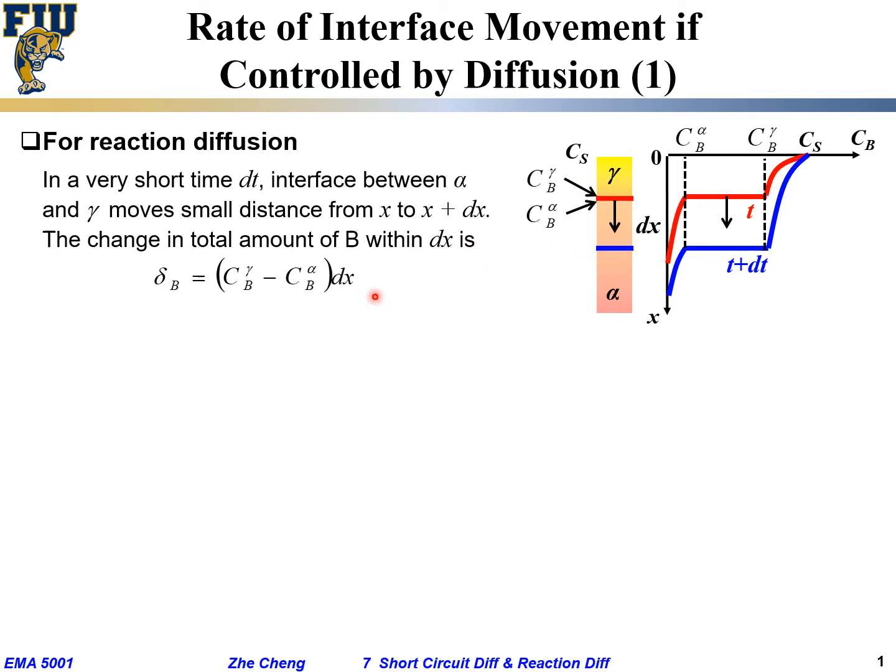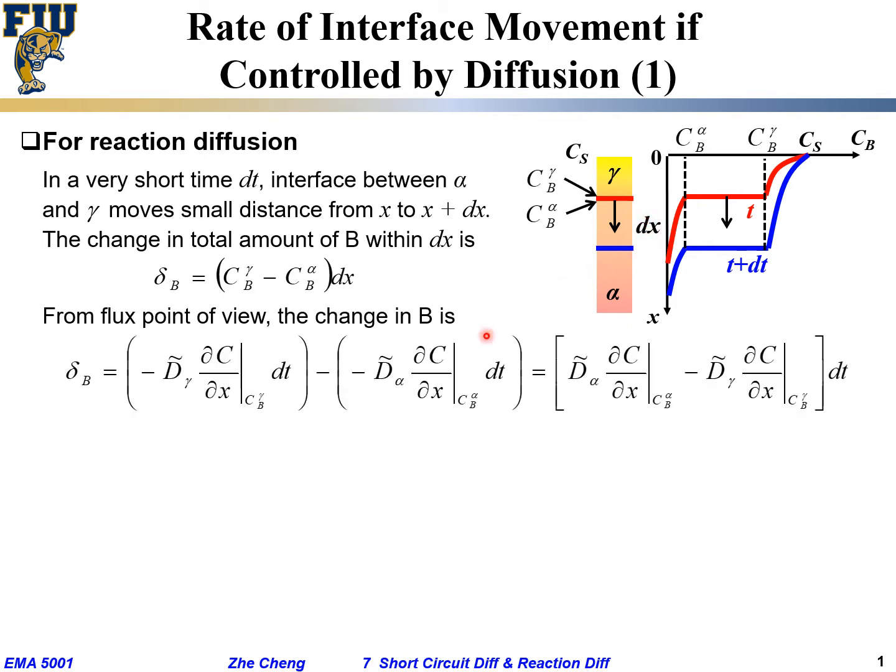location. Okay? But then from the so-called flux point of view, the change in solute atoms within here, I'm going to write it as this one. The change in solute B would be, I'm writing what? D times concentration gradient, that's flux, right?